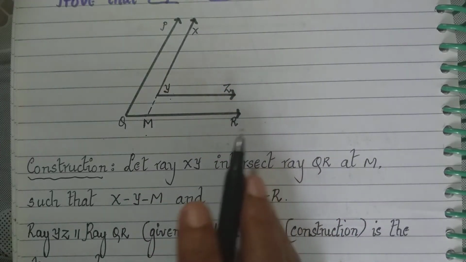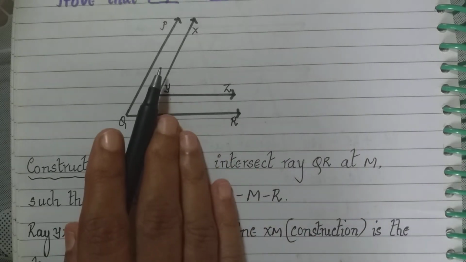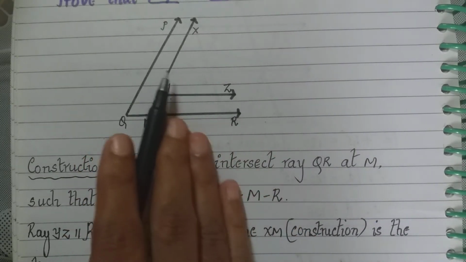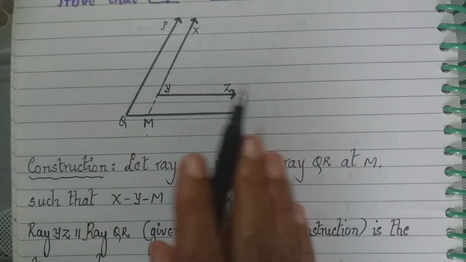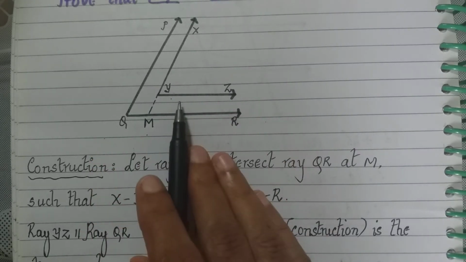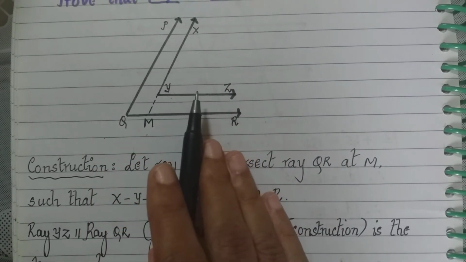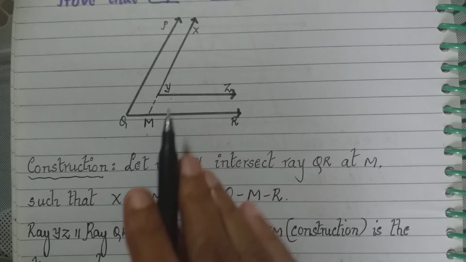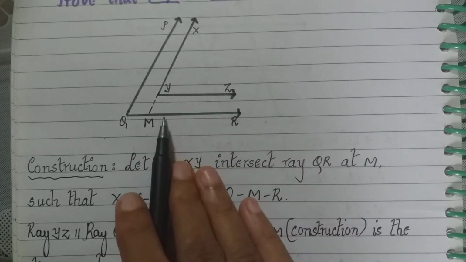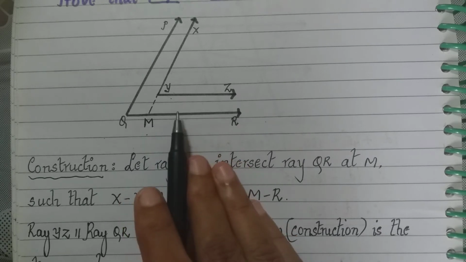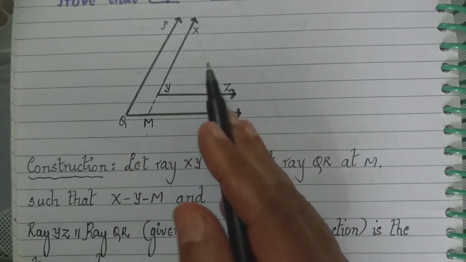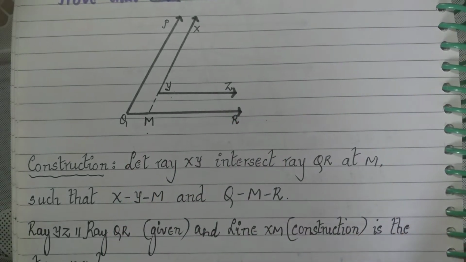Now why are they congruent? What type of angles do they form? They are angles which are both on the right hand side of the transversal, and both are above the parallel lines, above this YZ and above MR. So both are on the same side and both are above the parallel lines.